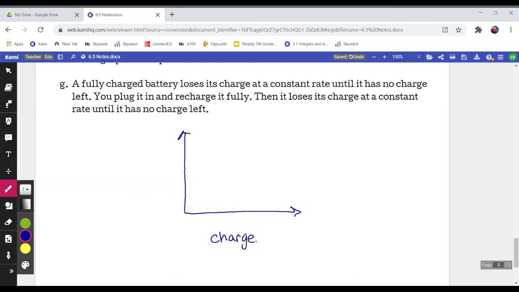I apologize, the x-axis is going to be time, and then the y-axis is going to be battery charge.